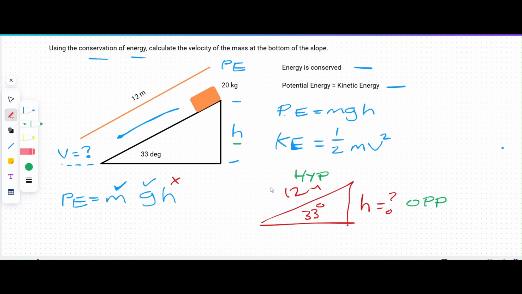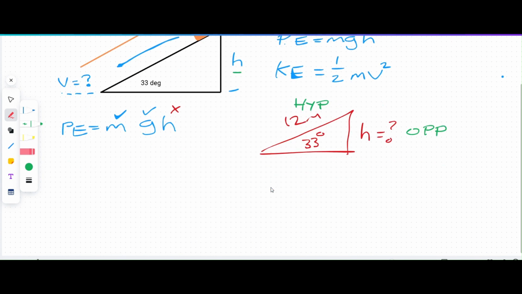Let's move this thing down a bit. So we've got opposite and hypotenuse, sine of the angle, okay, SOHCAHTOA. I don't know the adjacent, so I can't use cos and I can't use tan, but I'm going to use sine. So sine of the angle is the opposite over hypotenuse.